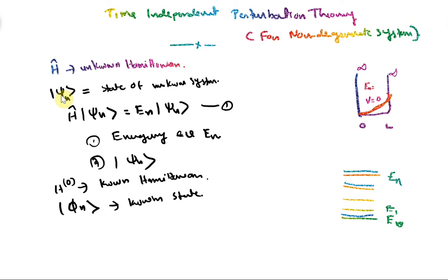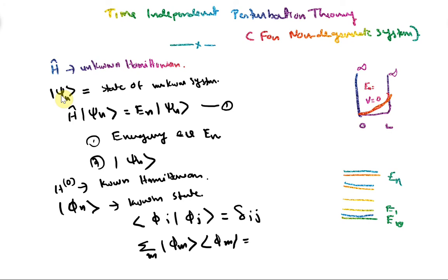These are orthonormalized, so phi i, phi j is equal to delta ij, because that is how I define it. It's a known thing. Also it will obey the completeness condition, that is the sum over m of phi m, phi m is equal to 1. That is the completeness condition.